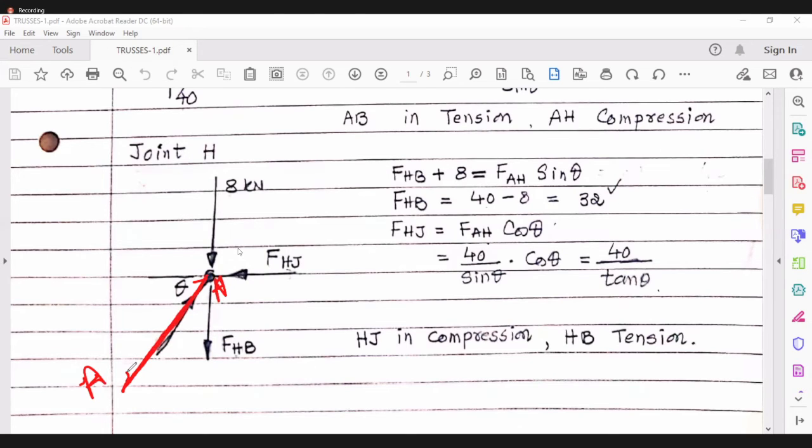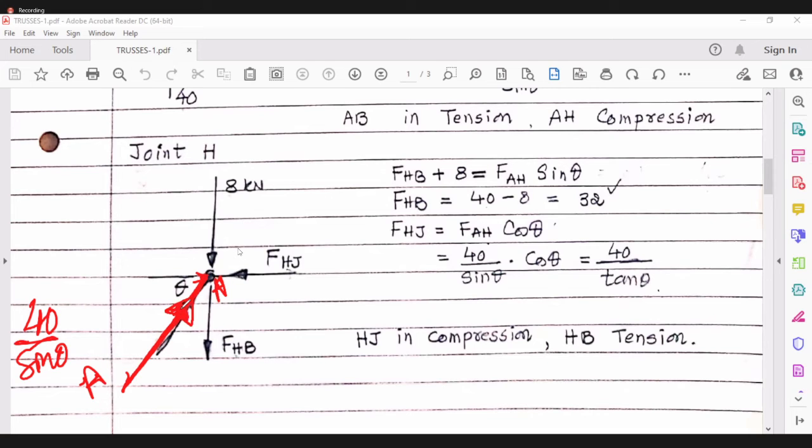We know the direction of AH and the magnitude also. It is 40 by sin theta. AH is in compression. If it is in compression, it will try to push the joint away, so it is acting like this.